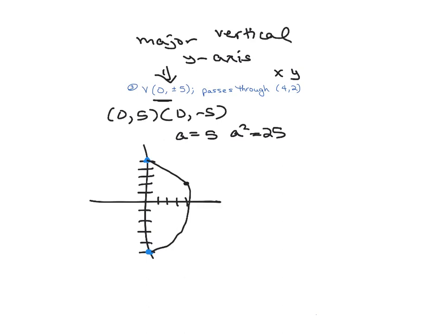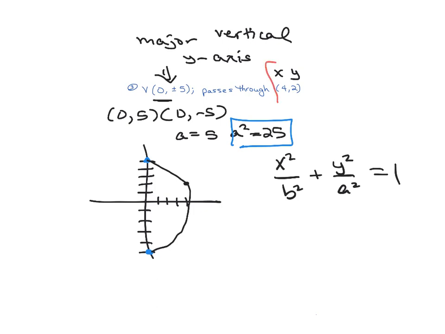So now what I need to do is I'm using x squared over b squared plus y squared over a squared equals 1. I can plug in my a squared, and then what I'm going to do is plug in these two numbers and square them for x squared and y squared.